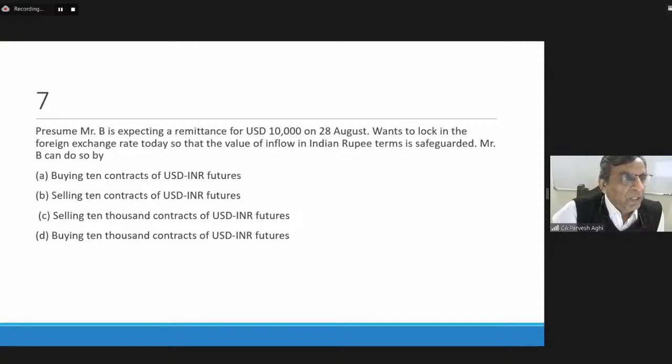So he's expecting a remittance, so he's like an exporter. An exporter always has a long position, so you should take a short position. Fine. So that's a hint. Let's see.